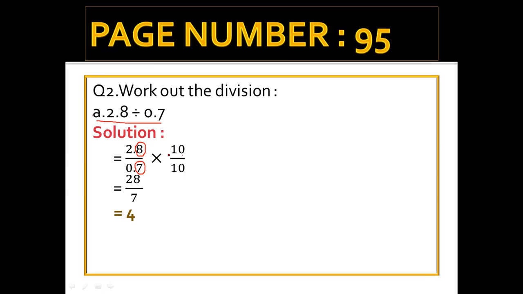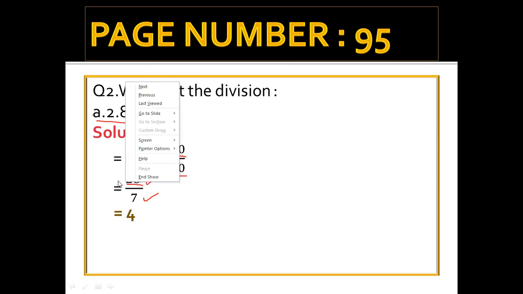2.8 over 0.7 multiplied by 10 over 10. When we multiply a decimal number by 10, as we already discussed, the digits jump from the right column to the left column. So 2.8 becomes 28.